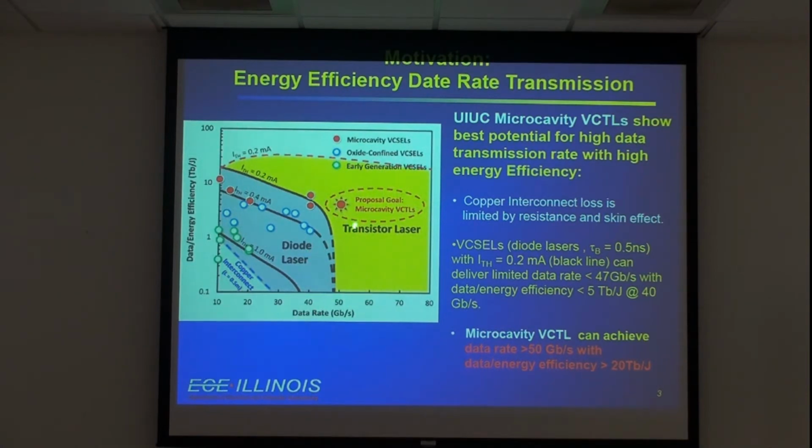But it is also limited to below 50G because you have naturally slow recombination, about 1 nanosecond, which we'll talk about later. If we try to expand this territory, we propose that the transistor laser might be a good candidate for data transmission, the optical transceiver for the next generation.